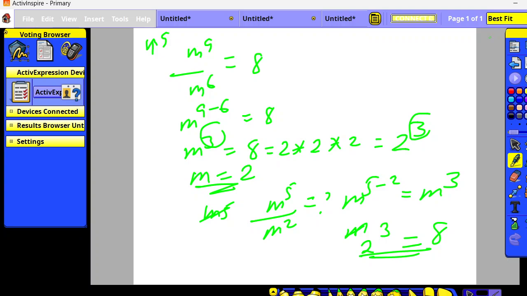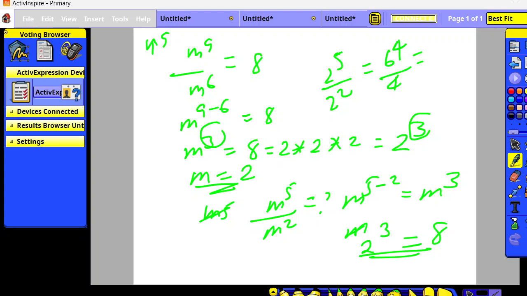Or you can calculate it this way, after you get the m value. m raised to 5 is 2 raised to 5 over 2 raised to 2. 2 raised to 5 is 64 over 4. 64 over 4 is... Is that it?